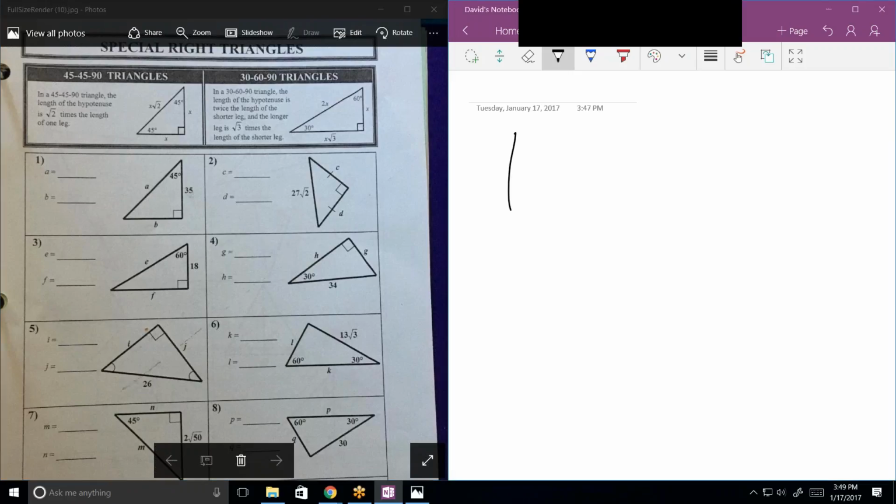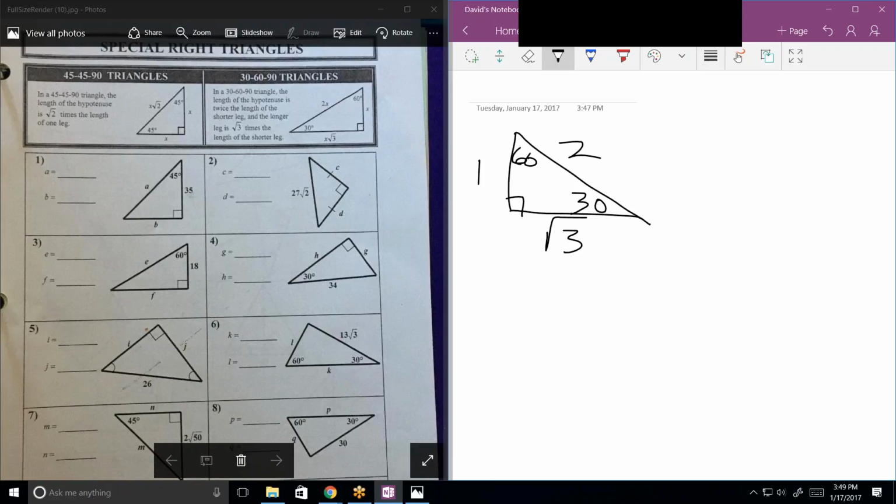Well, let me draw it a little different than the way they do. I'm going to call these my unit triangles. In the 30-60-90, the side opposite the 30 is 1, the side opposite the 60 is square root of 3, and the hypotenuse is 2.